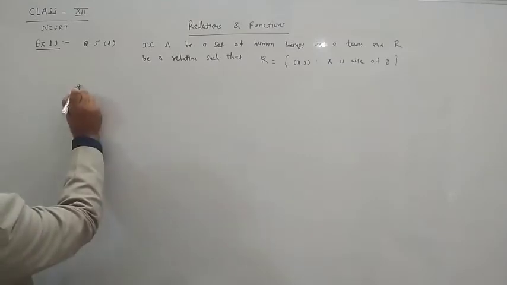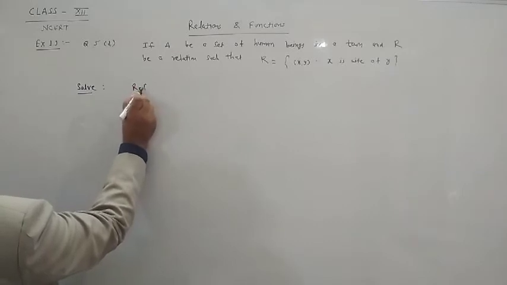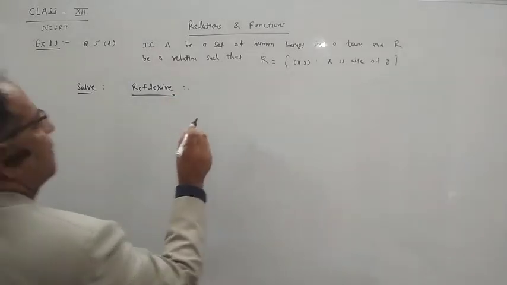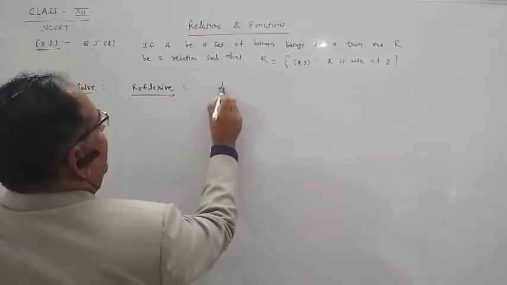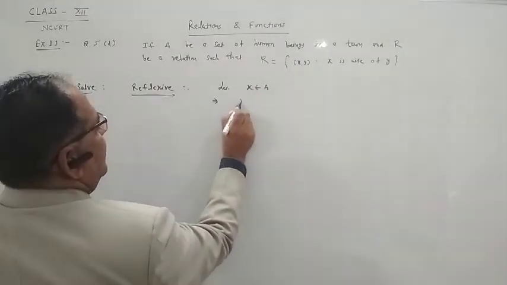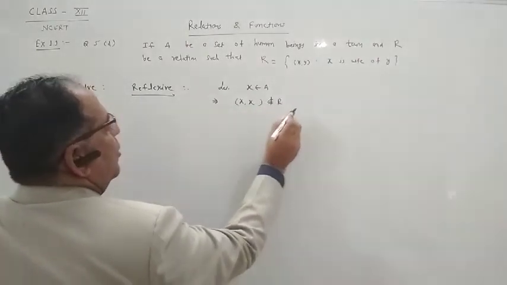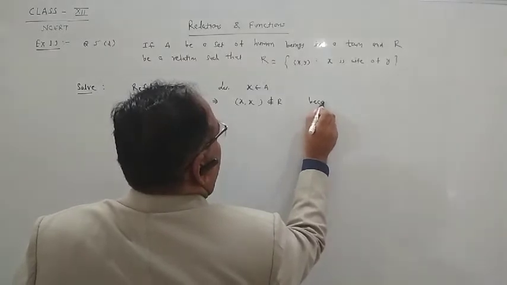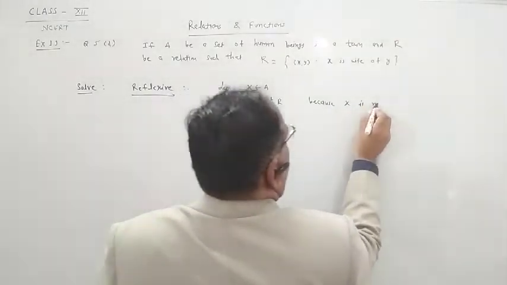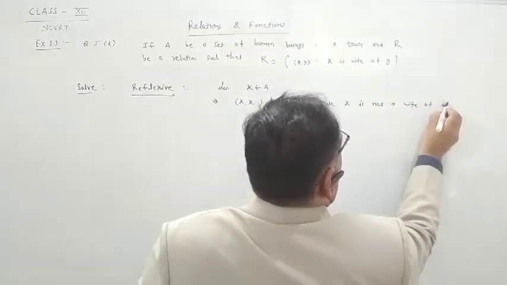So we start with reflexive. Let x belong to A. This implies that (x, x) does not belong to R, because x is not a wife of itself.